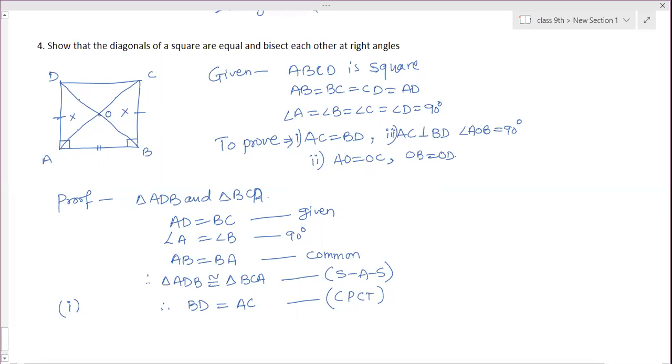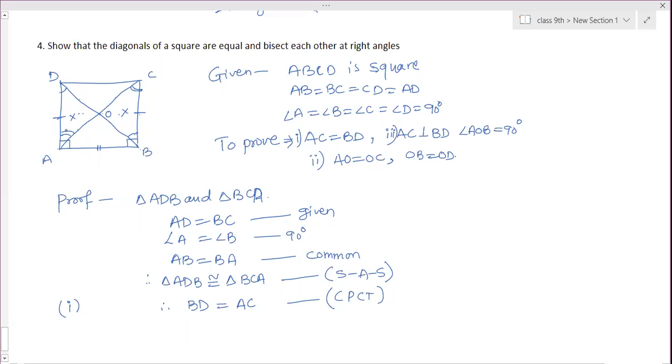Now in triangle AOD and triangle COB, AD is equal to BC. These are vertically opposite angles, sorry, alternate interior angles. This is also alternate interior angle. So therefore by ASA criteria, these two opposite triangles are congruent. Therefore OD is equal to OB, OA is equal to OC.